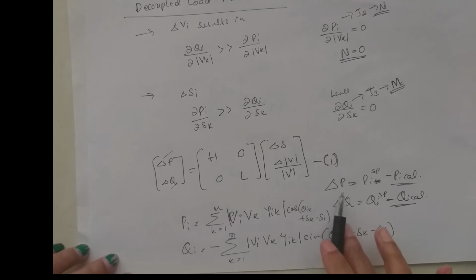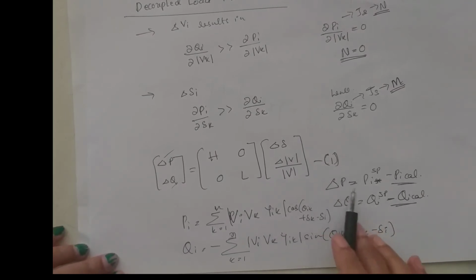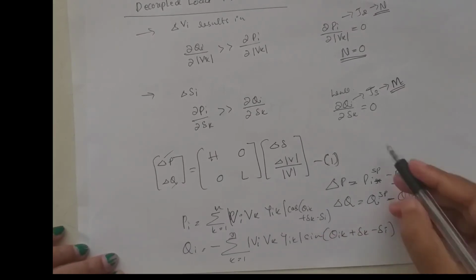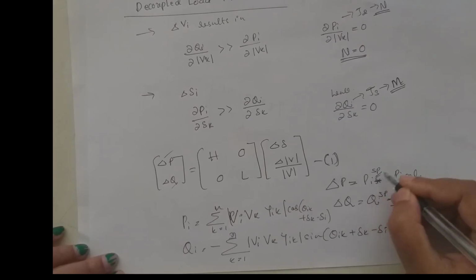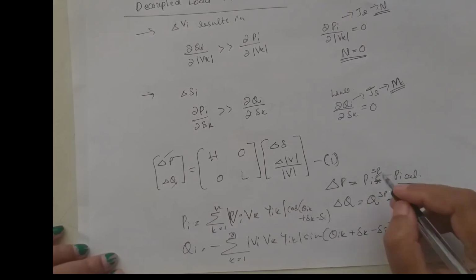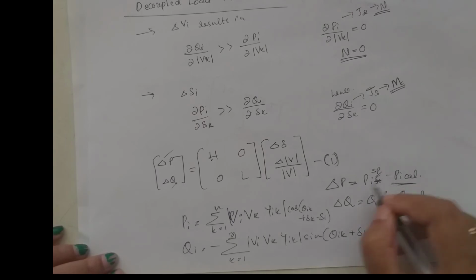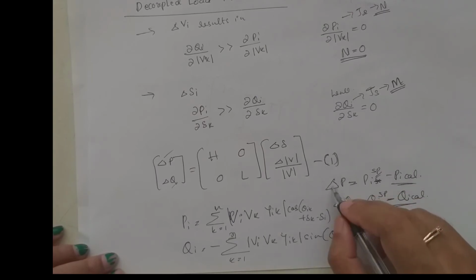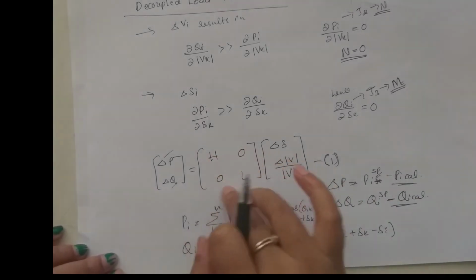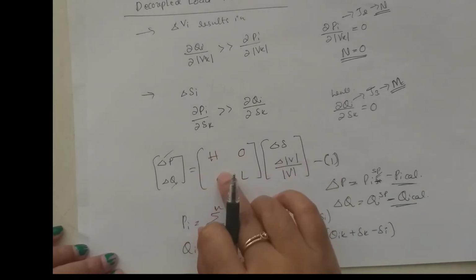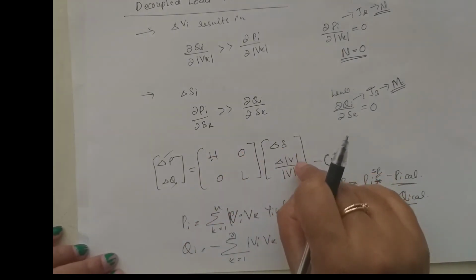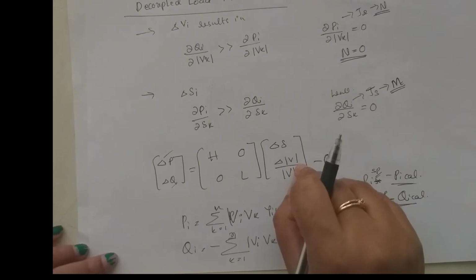So using Pi specified, the specified value, which will be given, and these two formulas, delta P can be calculated. After calculating delta P as well as the Jacobian matrix elements, delta delta and delta V can be calculated.